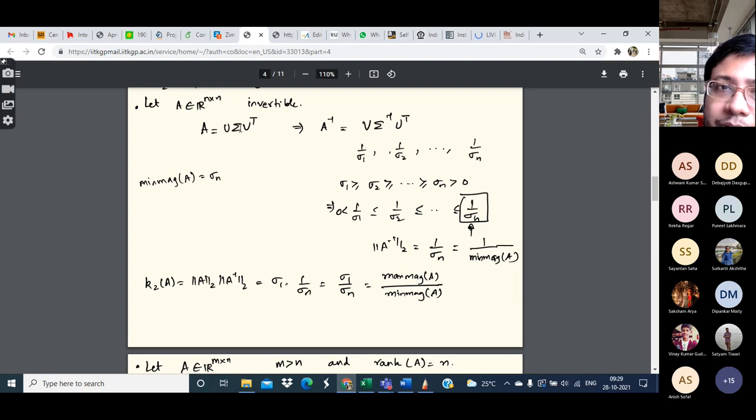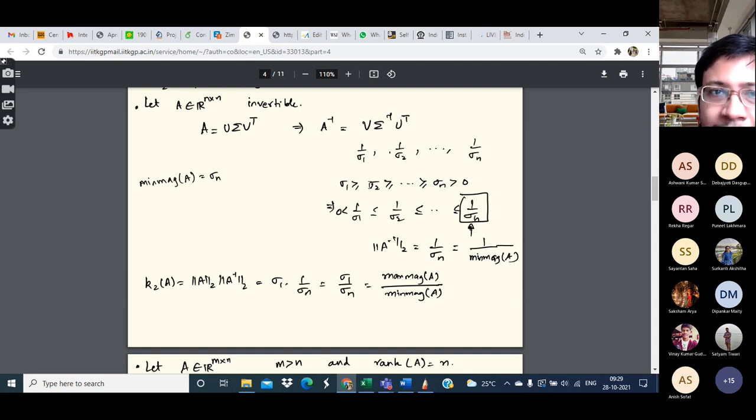The off-diagonal elements were initially 0. After taking the inverse they continue to remain 0. So if sigma was a diagonal matrix with diagonal values sigma 1, sigma 2 up to sigma n, then sigma inverse is also a diagonal matrix whose diagonal values are just 1 by sigma 1, 1 by sigma 2 up to 1 by sigma n, the reciprocals.